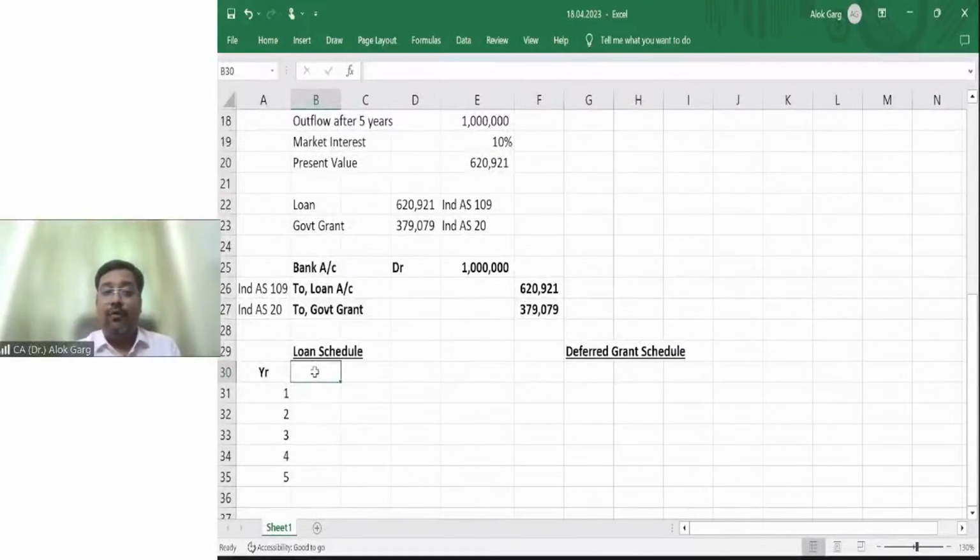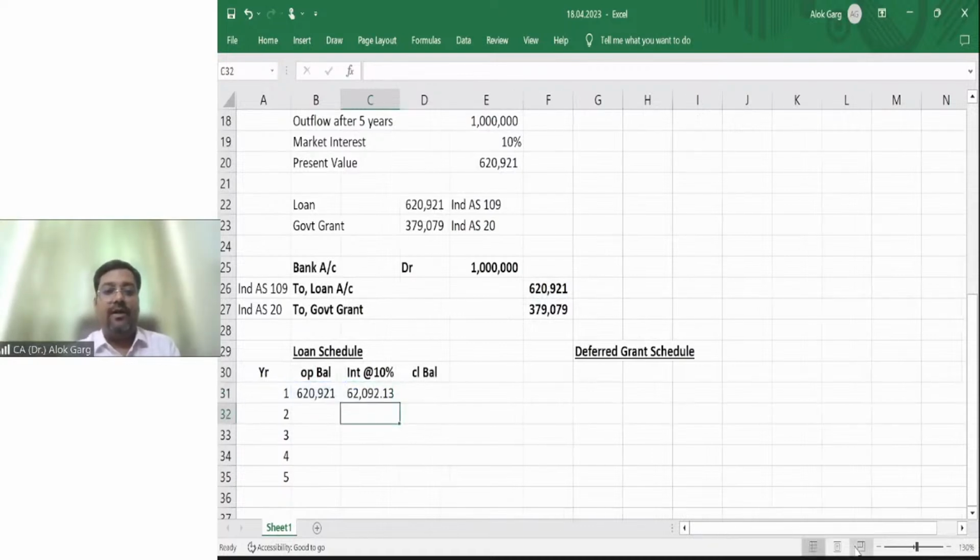Here, first of all, opening balance, then your interest at the rate of 10%, then your closing balance, right? What is the opening balance at the time of initial recognition of the loan? 620,921. Now, it has to be compounded by 10%. 10% interest is required to be recognized.